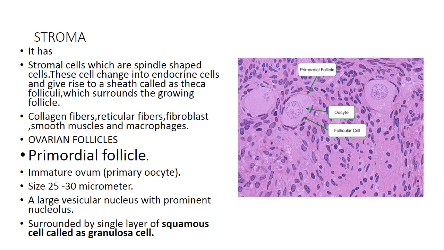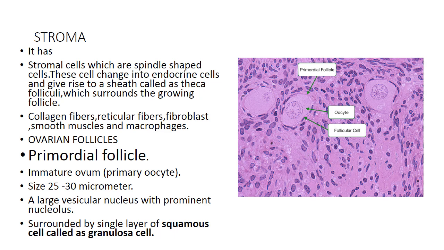Now coming to the parenchyma, we see that ovarian follicles in different stages of development are present in the parenchyma of the ovary. The ovarian follicle, starting from the first stage, is the primordial follicle, or the immature ovum, or the primary oocyte.